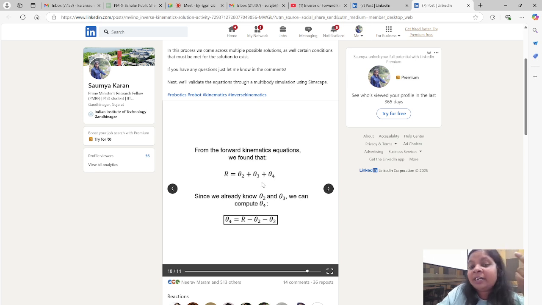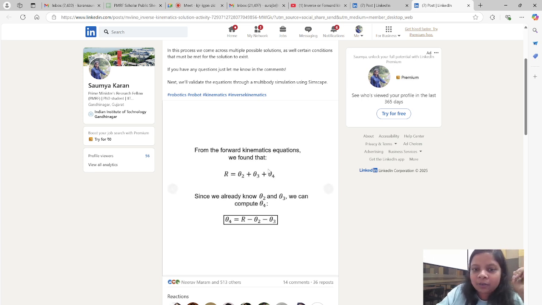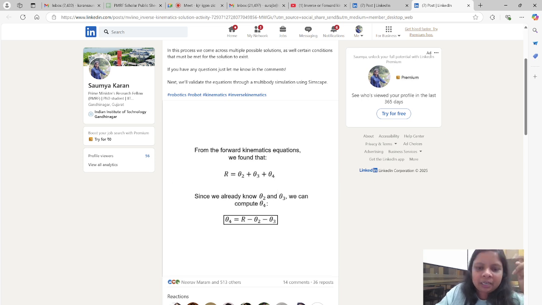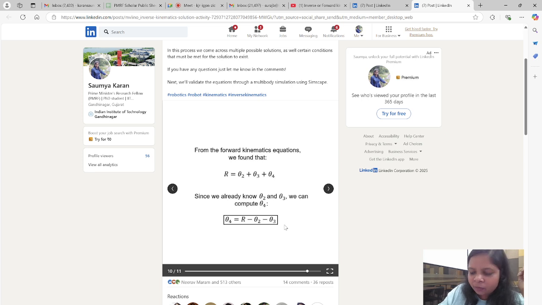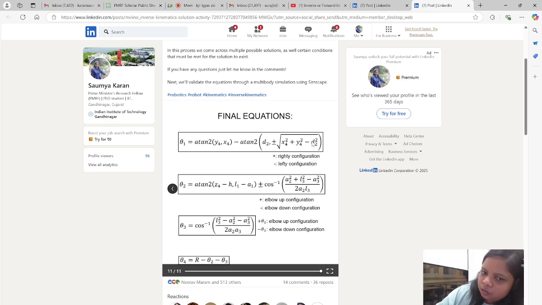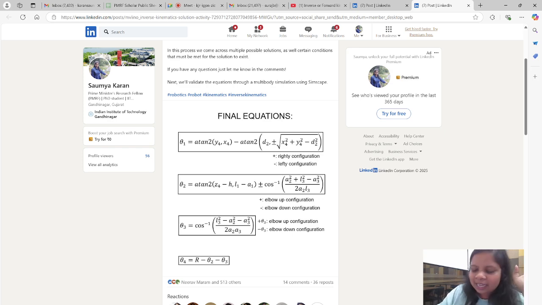In this case it is not theta 1. I think you should check why it is not theta 1, probably due to the axis being aligned in a different way. This way he was able to find this, and then he had the final equations coming out like this. Theta 1 is tan inverse of this quantity for righty configuration, for lefty configuration, elbow up, elbow down. So these are things you can do.